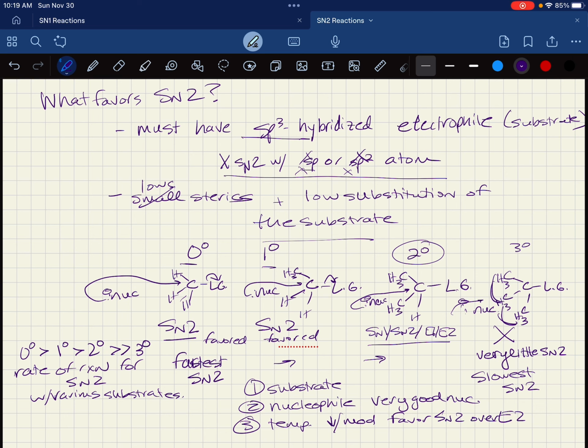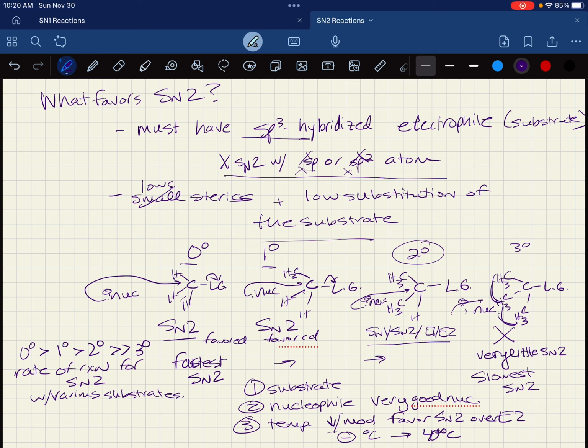When I say low to moderate, it could be a negative temperature, up to maybe something like 40 degrees C. Once we get into reflux temperatures, or high 70s, 80s, 90s, 100s, and so on, that's going to tend to favor E2.